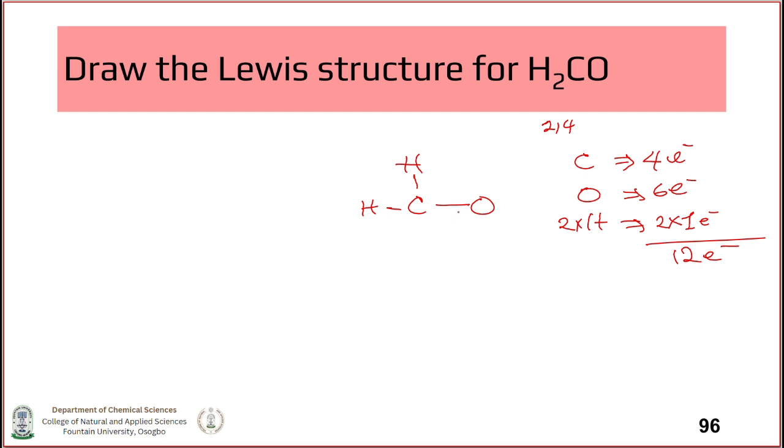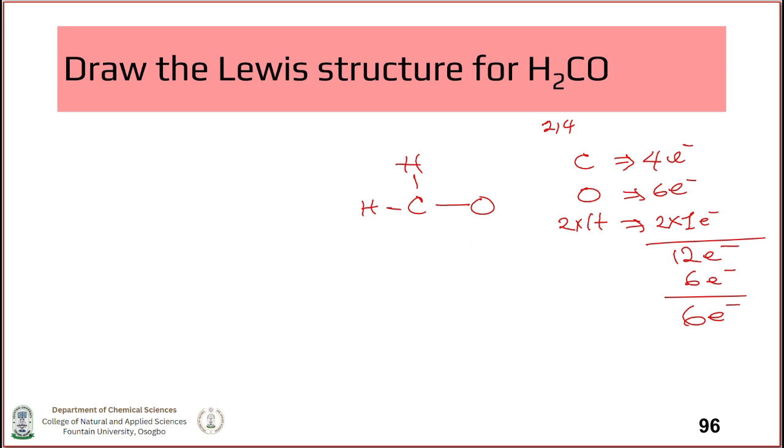Out of the 12 electrons, how many have been used to make bonds between the atoms? 1, 2, 3, 4, 5, 6, so 6 are used to make bonds between the atoms. So we have 6 electrons left. Out of the 6 electrons left, we need to put lone pair electrons on the terminal atoms.